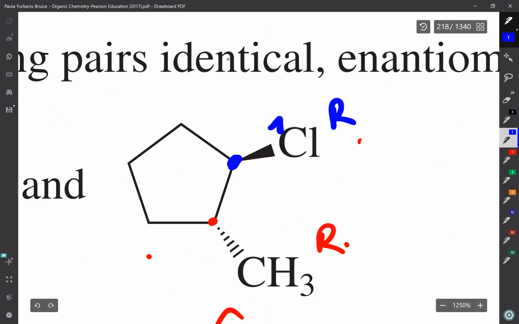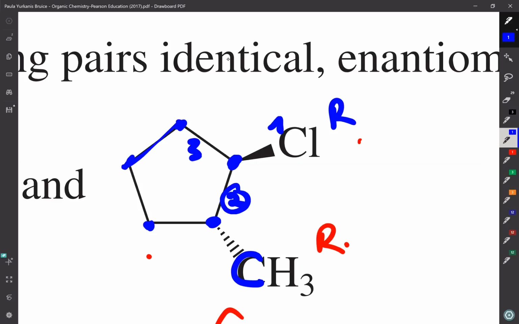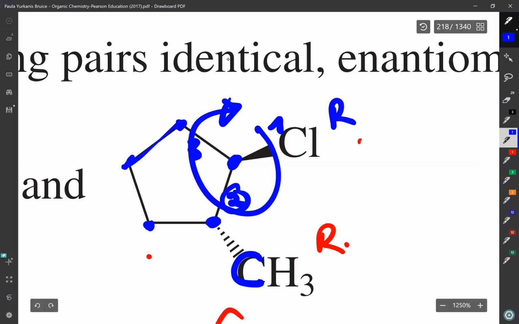So I will call this one 1, then I will call this one 2, and I will call this one 3. Let me explain. 1 is 1 because chlorine is heavier than this carbon or this other carbon. Now this one, I call it 2 because this carbon is connected to 2 other carbons, whereas this carbon is only connected to 1 other carbon. So that's why I call this 2 and the other one 3. Then you can now give the direction.